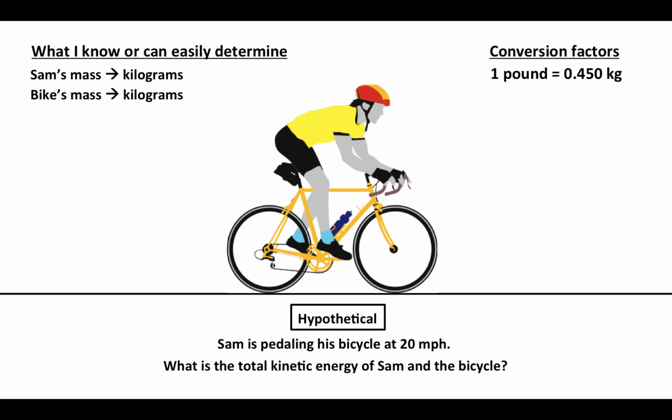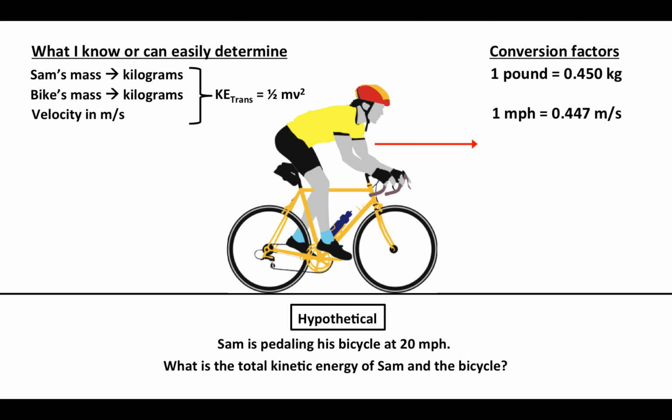Likewise, I can determine the bike's mass in kilograms. I can determine the velocity in meters per second because I know that 1 mile per hour equals 0.447 meters per second. So that allows me to compute the translational kinetic energy of 1/2 mv squared.